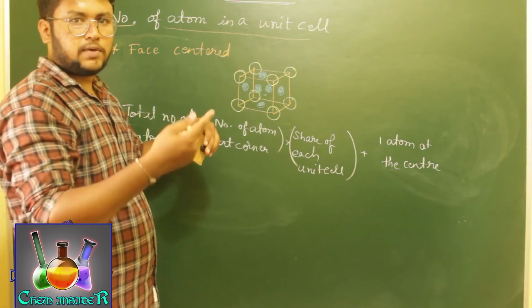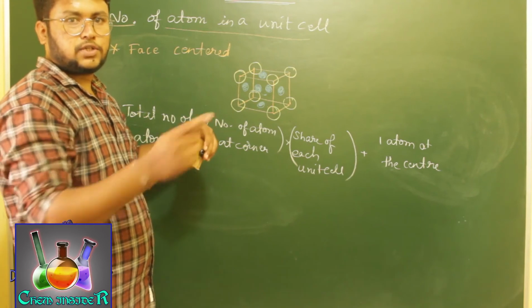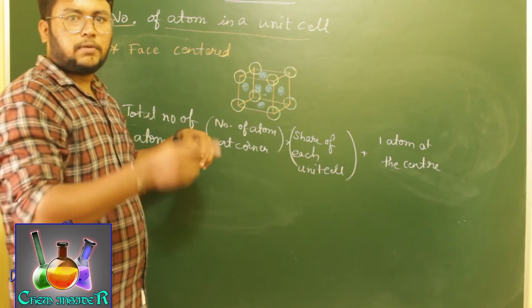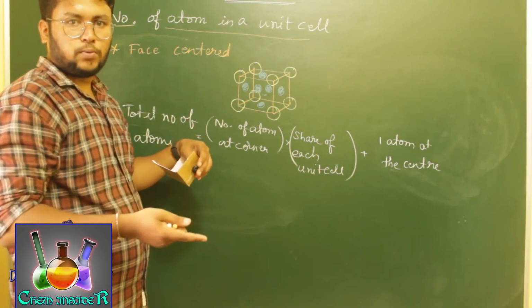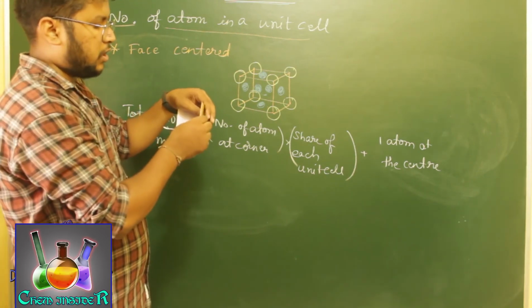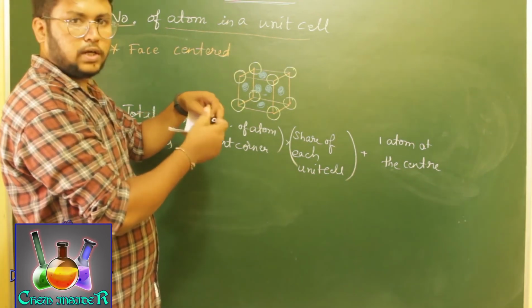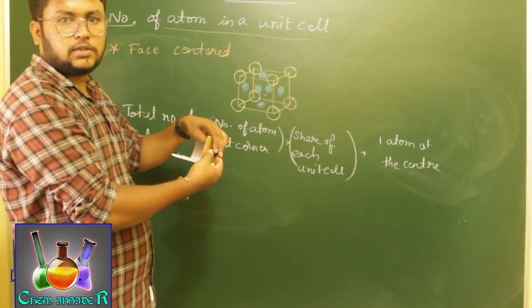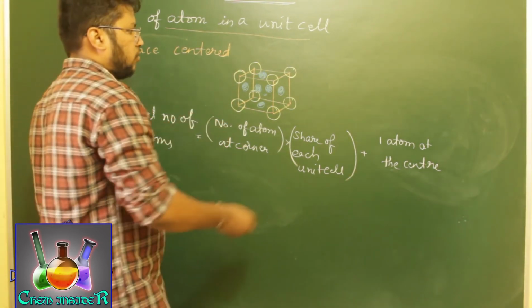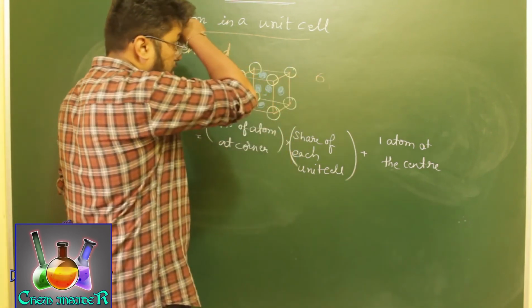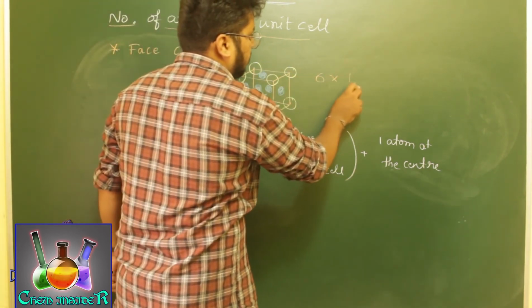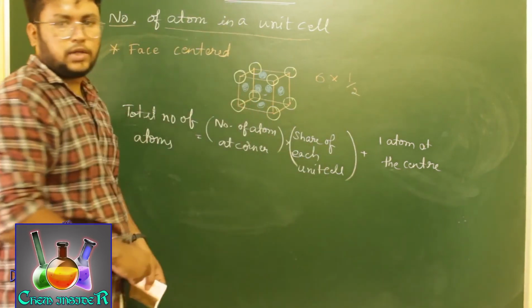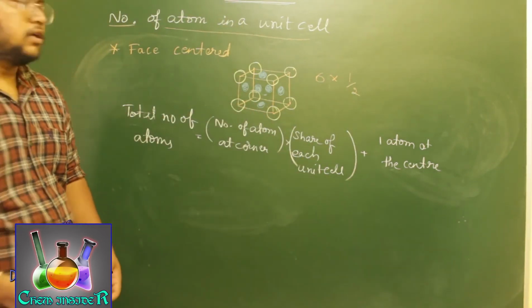So if we have just a single wall and it is next to another room, that means one wall will be shared by two rooms, right? Similarly, this wall is shared by two unit cells and this wall contains an atom at the center. That means this atom will be shared by two unit cells. Therefore, we have 6 atoms and these 6 atoms are shared by 2 unit cells. Therefore, 1 unit cell carries half of the atom in it.